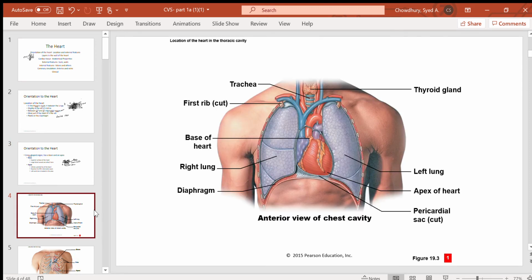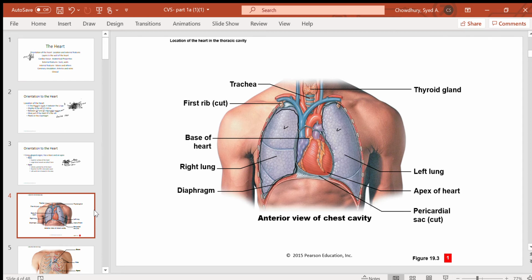Here in this picture you see two lungs are located inside the pleural cavities. So this is the right lung and this is the right pleural cavity here, and this is the left lung located inside the left pleural cavity.